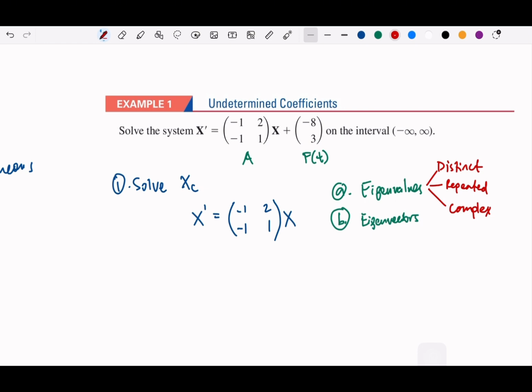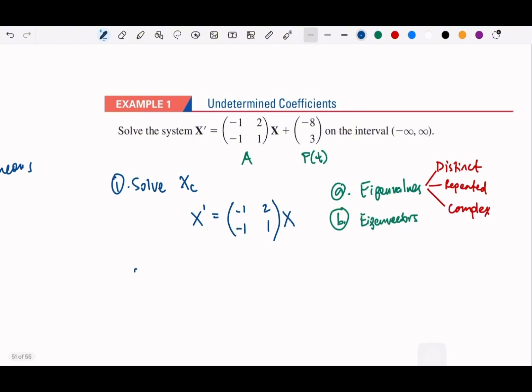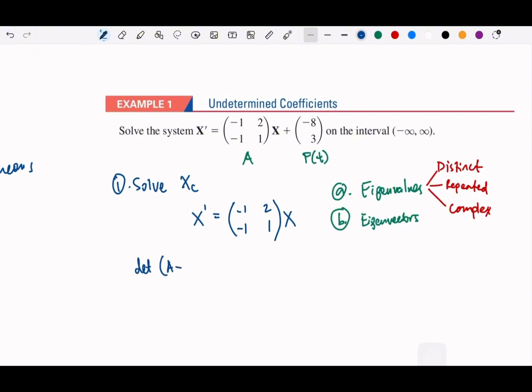Okay, if we try to find the eigenvalues of this system, take the determinant, so this will be plus 1, right, plus 1.